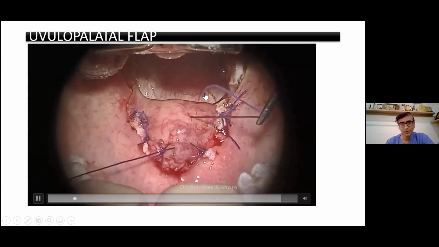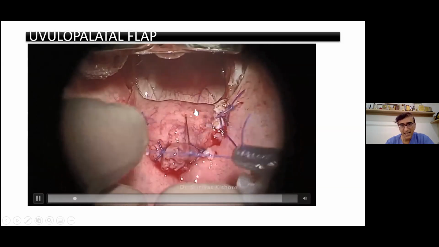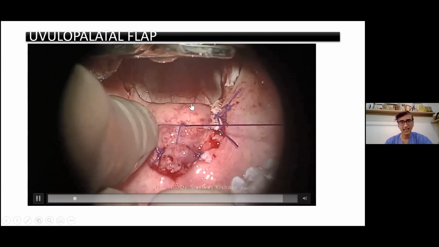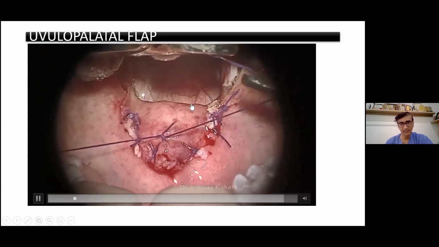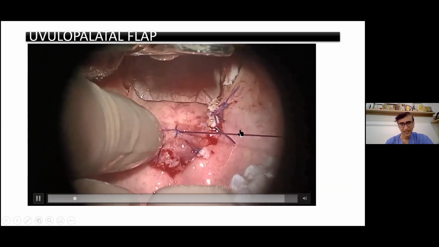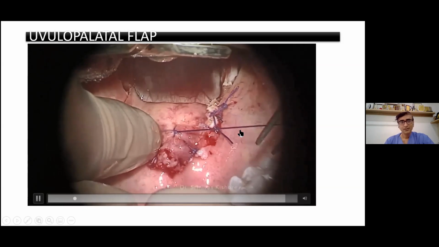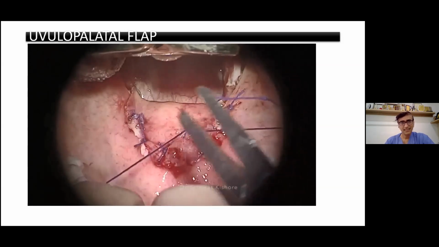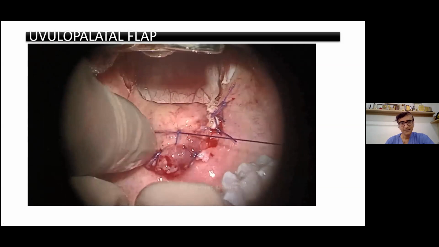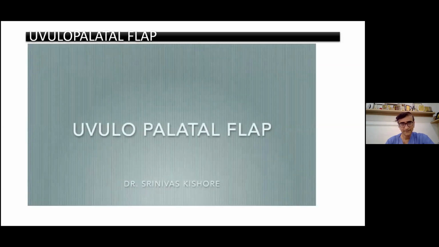And again, beautifully, you will get this anteroposterior expansion of your palate. Now, again, anterior palatoplasty and uvular palatal flap are for anterior posterior collapse.